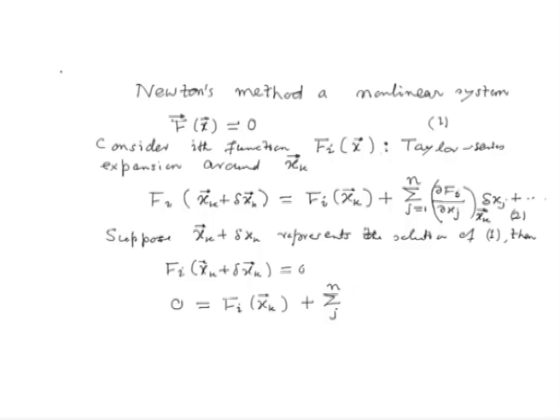Let us introduce a new term called J_ij times delta x_j.